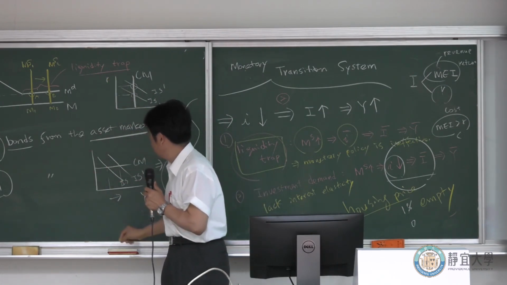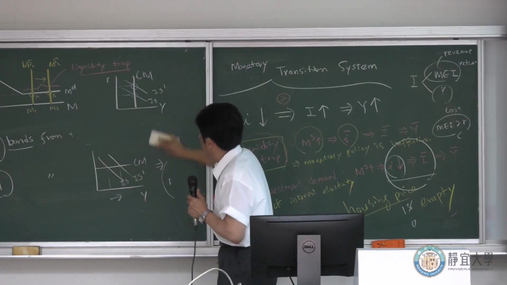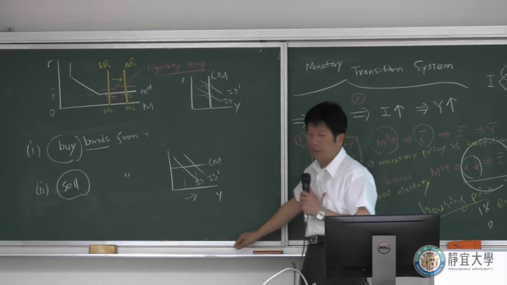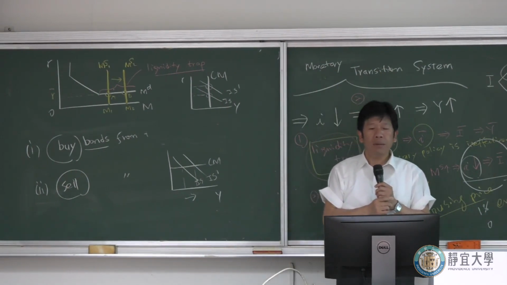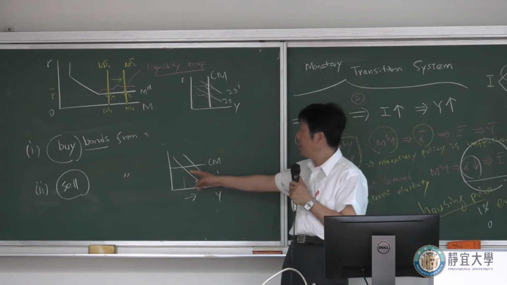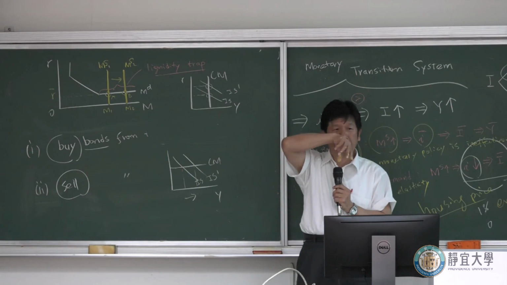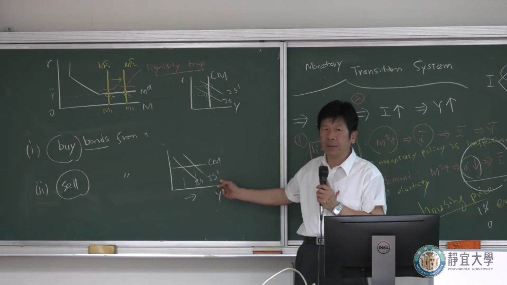So here we just try to see the LM curve, like this situation, depending only on the fiscal policy.